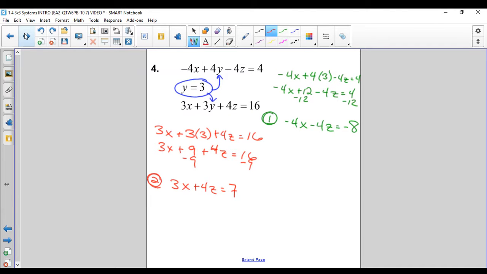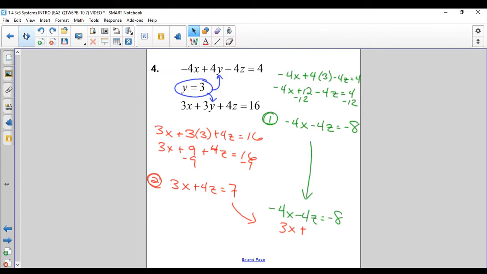Stack those two that we got. So I take the first one, negative 4x minus 4z equals negative 8. Stack it with the second one, 3x plus 4z equals 7.